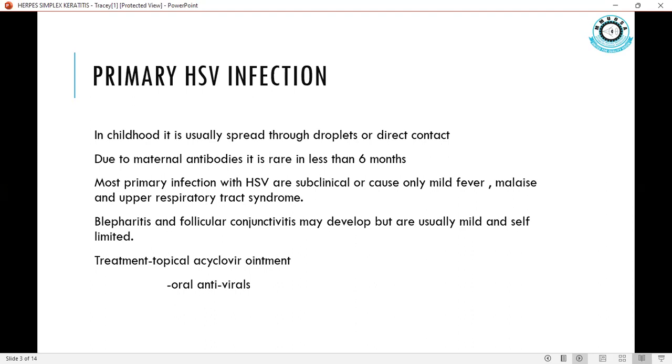Although, due to the maternal antibodies that are usually present, it's rare to be transmitted to the child in less than 6 months. So mostly children get infected at the age of 6 months to around 5 years.